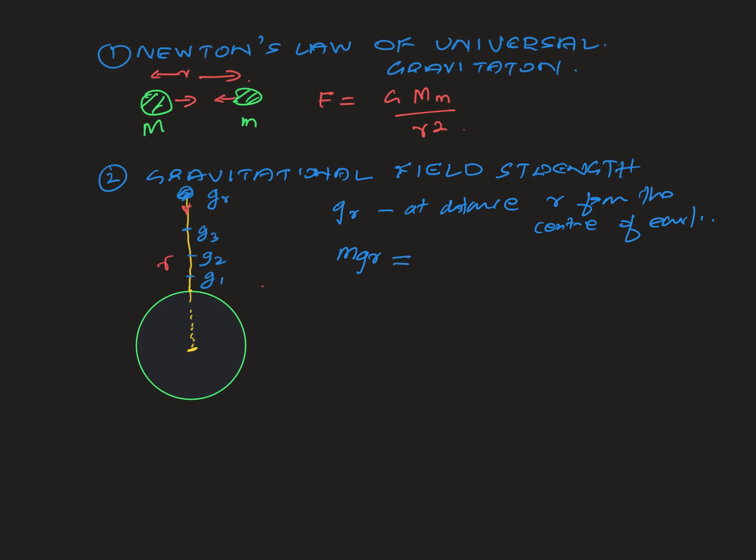But we found out that the force between that mass and Earth can be given by GMm over r squared. So from here we can find out what g_r is. g_r is equal to, m and m will cancel out, GM over r squared. That's the equation for the gravitational field strength at distance r from the center of a planet.